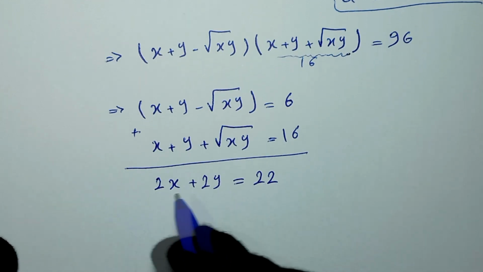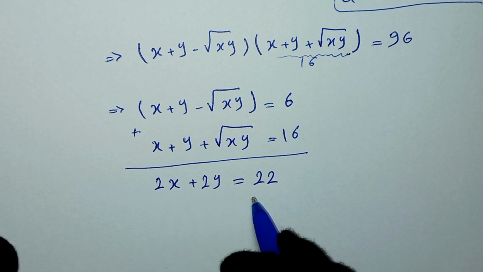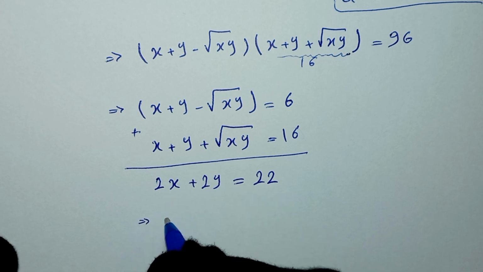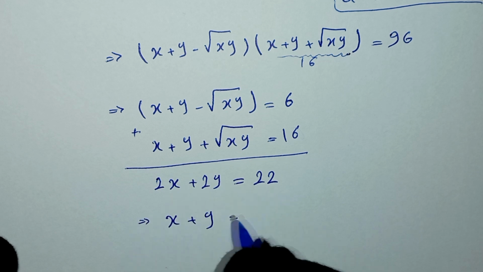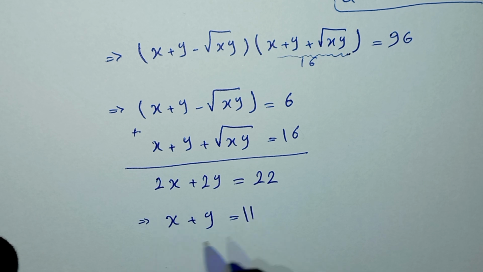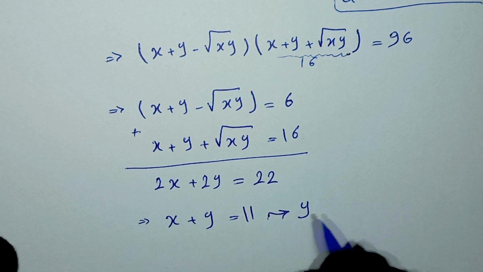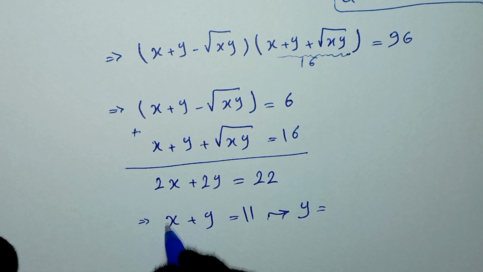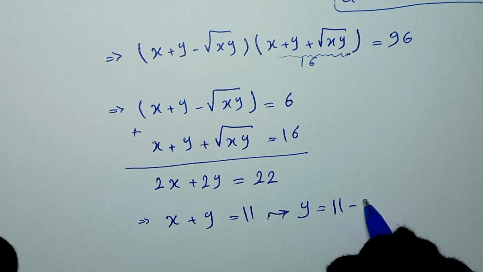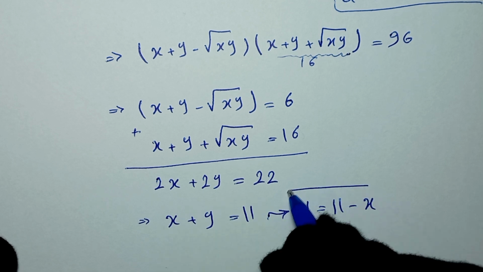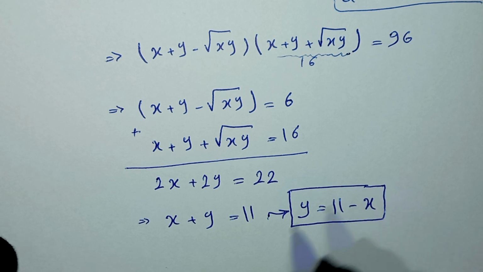If we divide both sides of this equation by 2, it will be x plus y is equal to 11. And from here, we write y in the form of x, so we take this x to this side, it will be 11 minus x. So in here, we write y as 11 minus x.